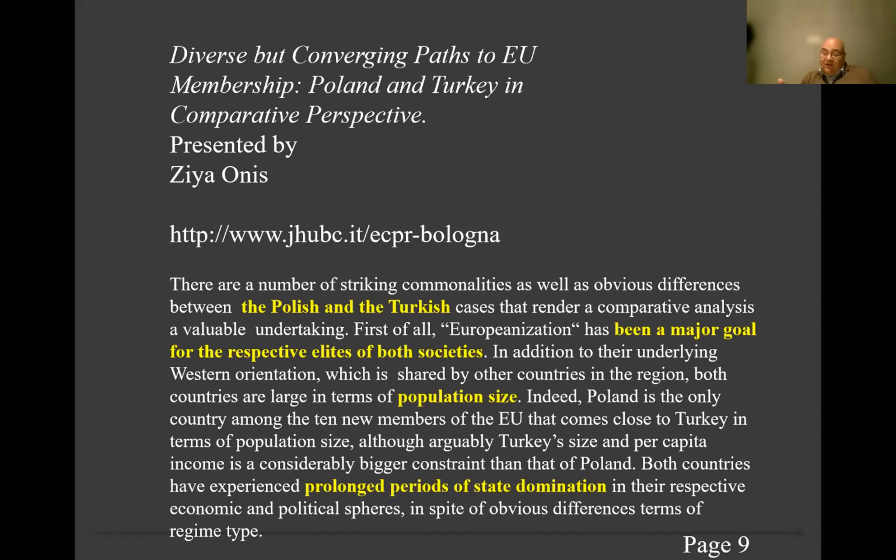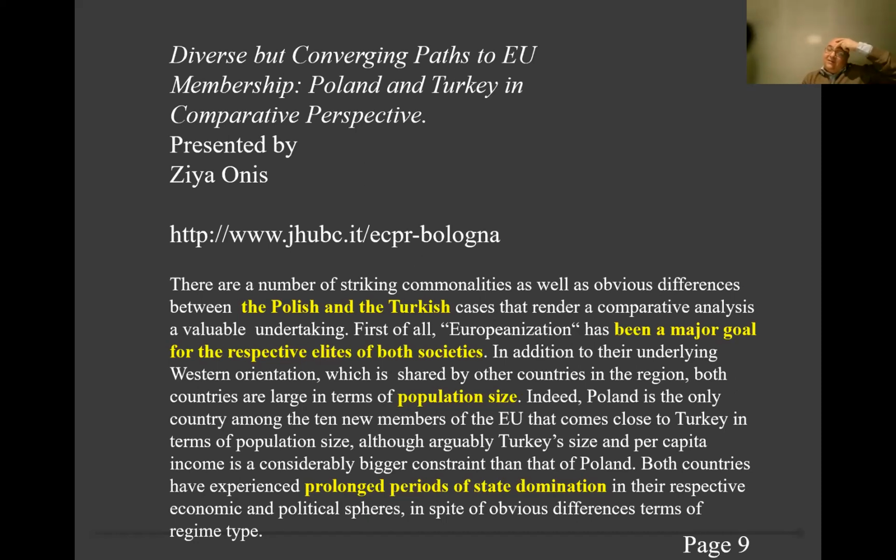And both had a strong religious presence: in Poland, the church, and in Turkey, Islam. Is it possible to compare? He says yes. This is similar systems design. Both countries, he says, are similar.